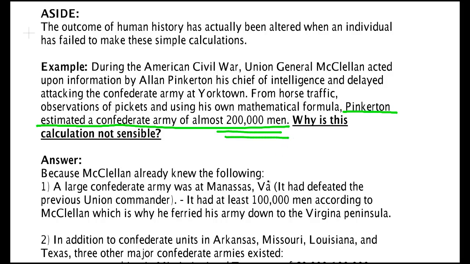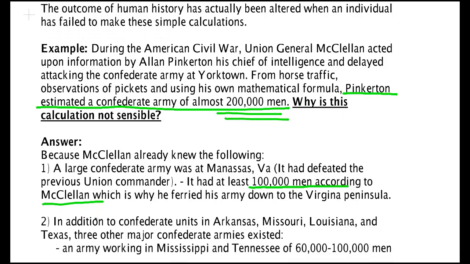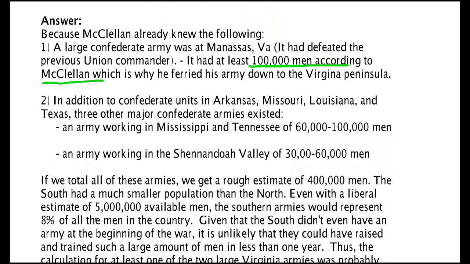Well, there were several reasons why you should have known this couldn't possibly be true. For one thing, he had 100,000 men. So unless he was facing around 100,000 men, he should be able to take them. But this says he's outnumbered 2 to 1.